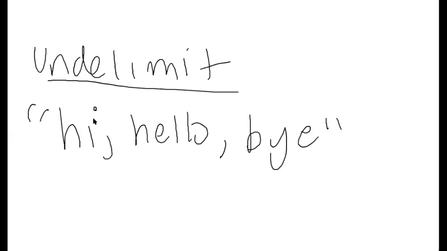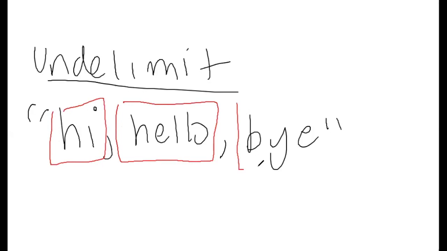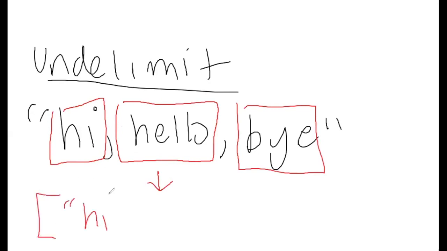We search through the string until we find a comma, and this is our first chunk. Then we skip the comma, keep searching till we find another comma, this is our second chunk. And then our third chunk is just the rest of the string. So the result of calling undelimit with a string like this would be this list.